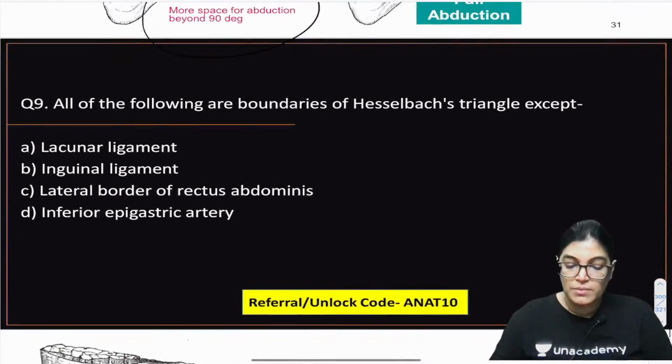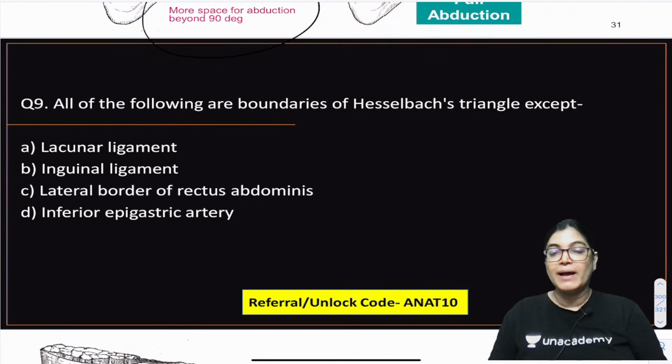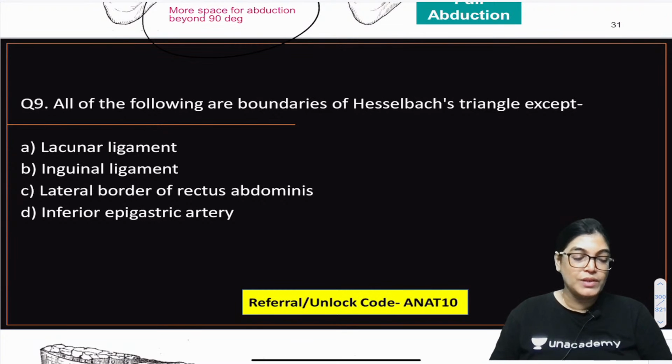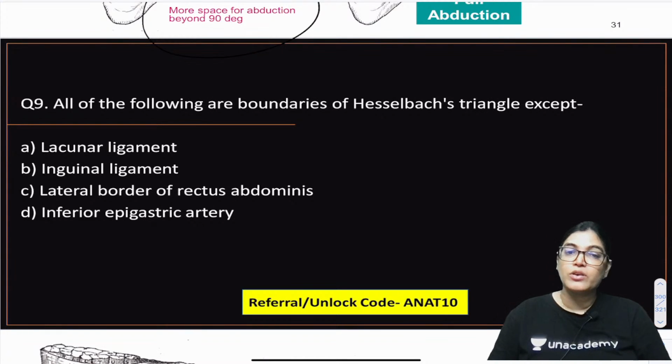Let's move on to question number 9. All of the following are boundaries of Hesselbach's triangle except. Which of the following structures is not forming the boundary of Hesselbach's triangle? Lacunar ligament, inguinal ligament, lateral border of rectus abdominis, inferior epigastric artery.